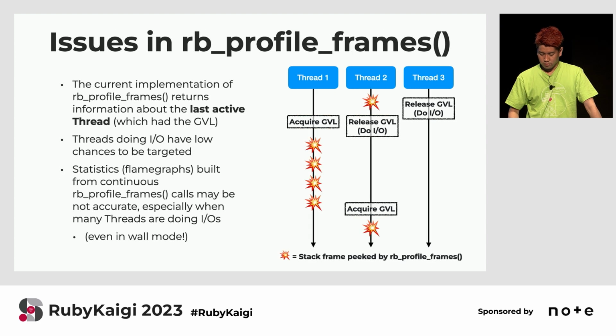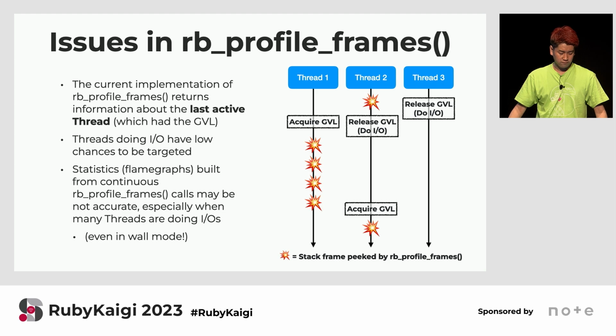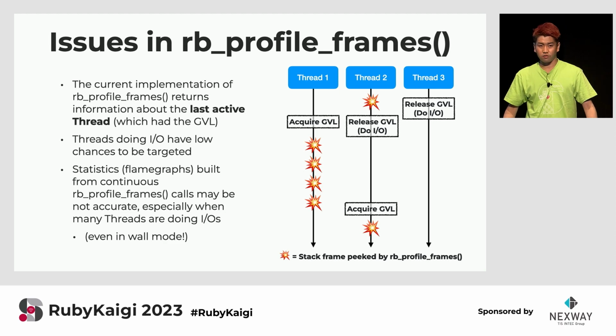Now, I'm not really sure, but I think the reason we didn't see I/O in the previous flame graph is because the current implementation of rb_profile_frames returns information only about the last active thread, which had the GVL.